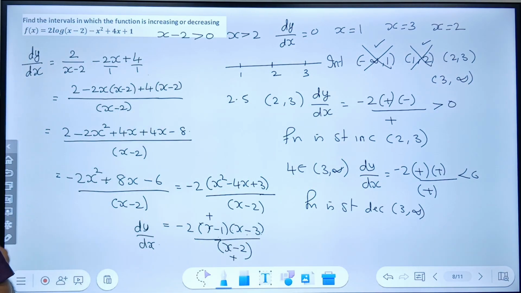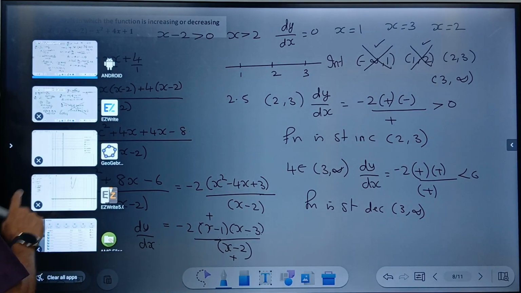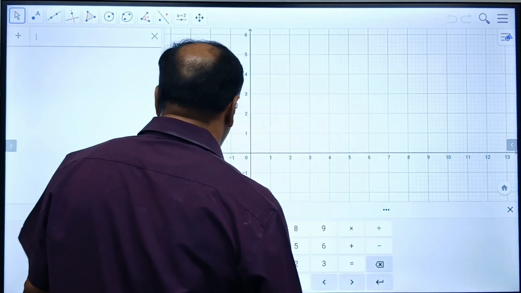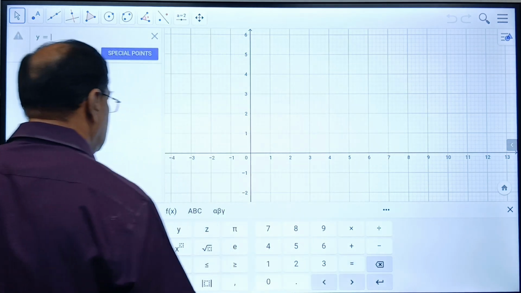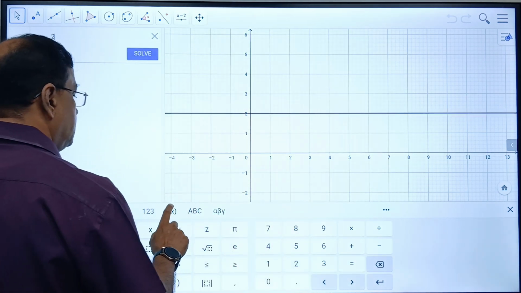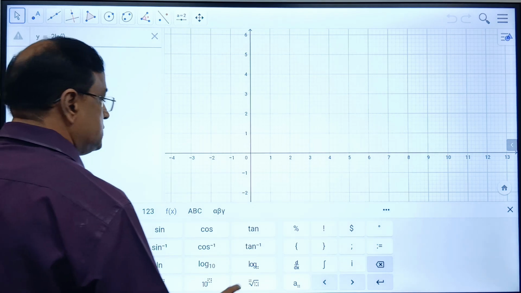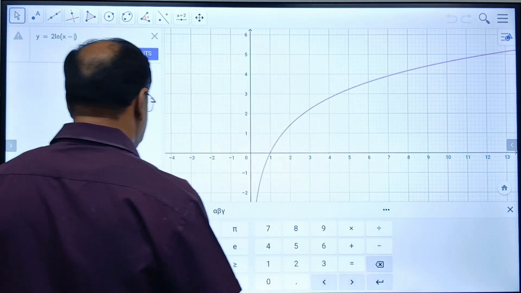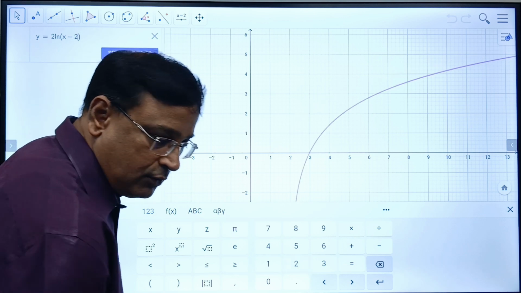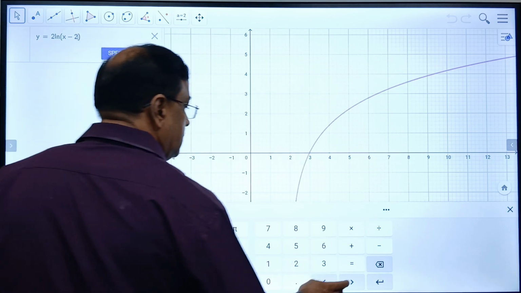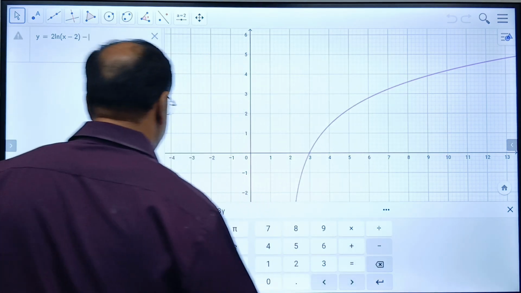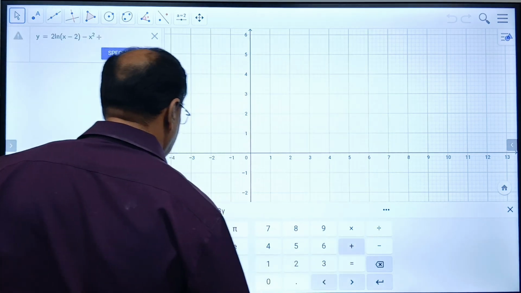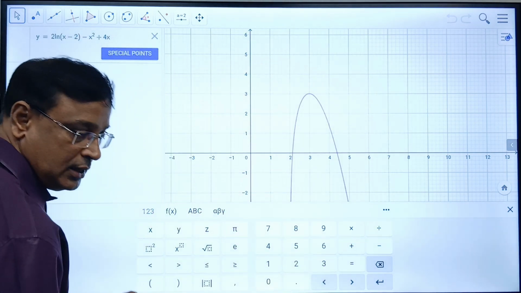Let's visualize the graph. I have got y equal to 2 times ln of x minus 2, minus x square plus 4x, and then plus 1.